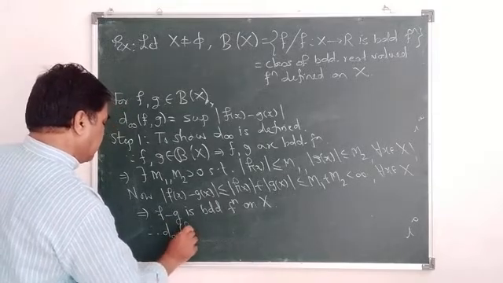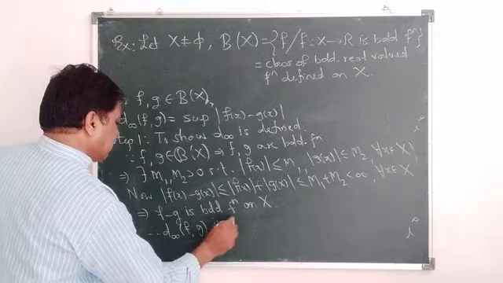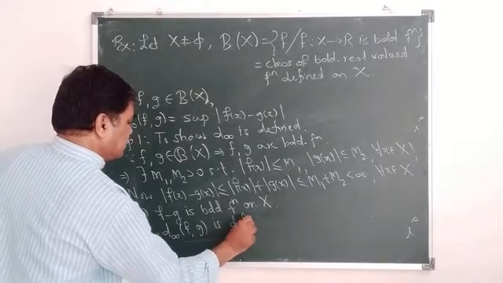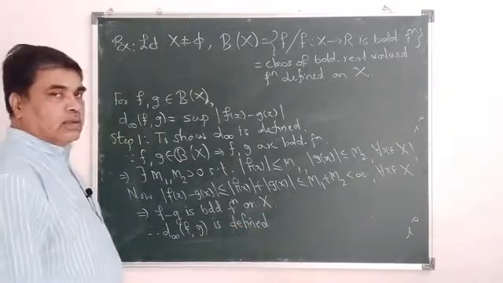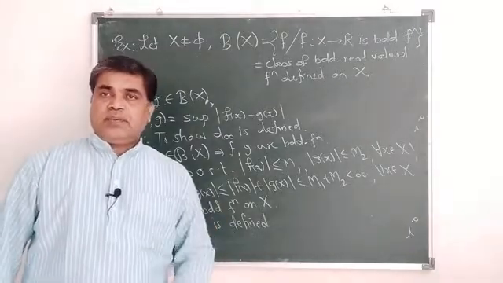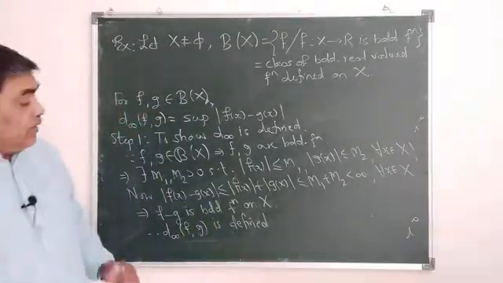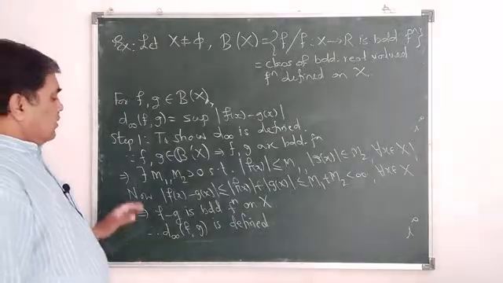Therefore d infinity of (f, g) is defined. So d infinity of (f, g) is a non-negative real number.